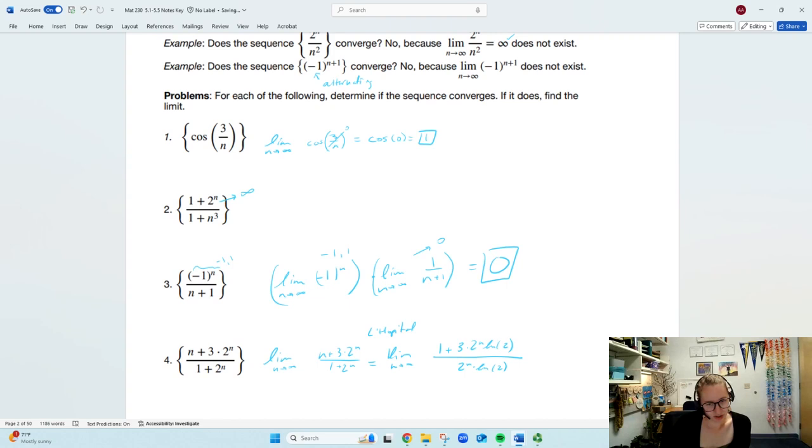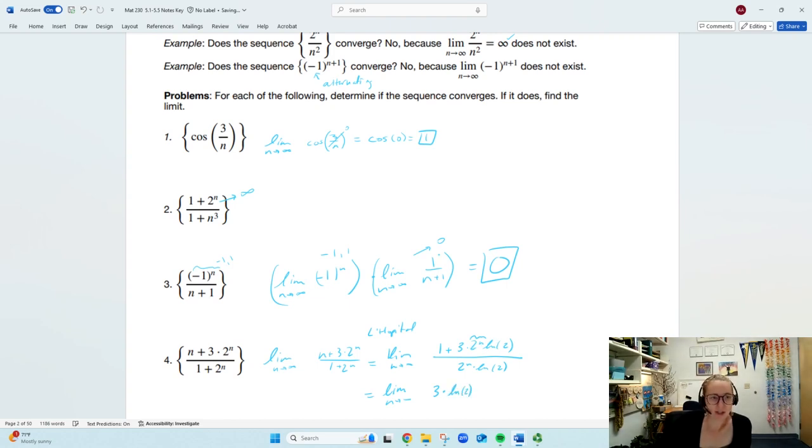And I think I'll just need to take my derivative one more time because it's still in indeterminate form, infinity over infinity. So I'm going to take my derivative one more time, and I'll actually get a 3 is constant times, I'm just taking my derivative of 2 to the n, because my ln of 2 right here is a constant.